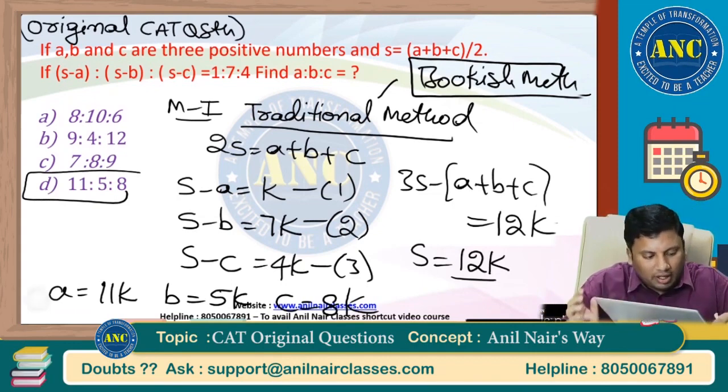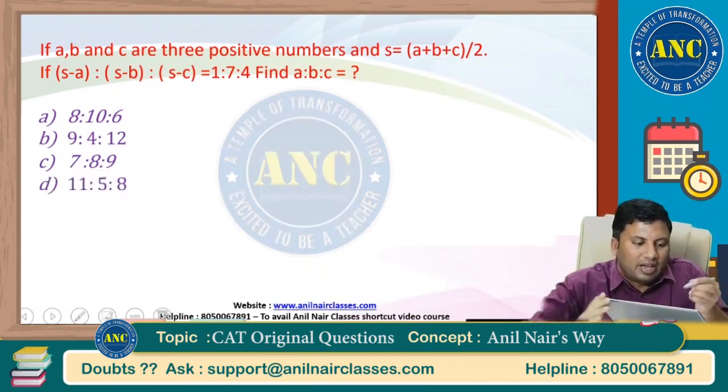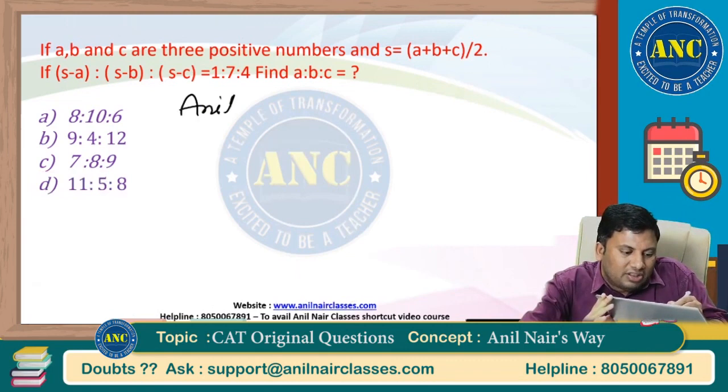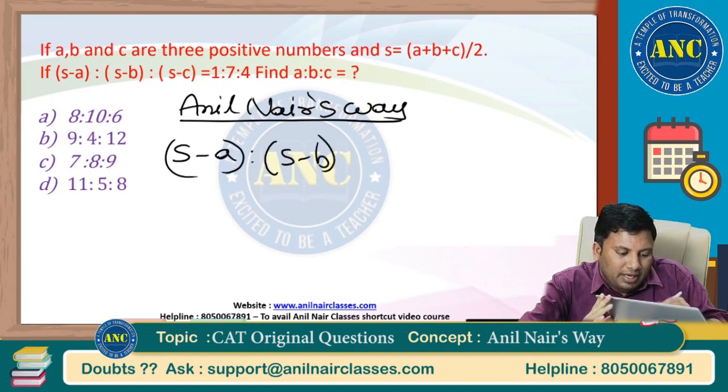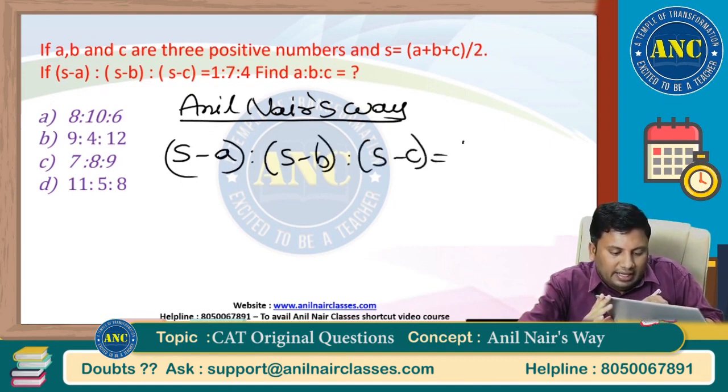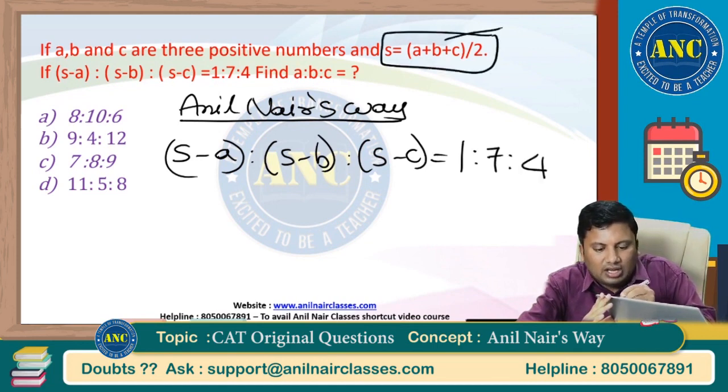This is method 1. Method 2, Anil Nair's way of solving. When this was given in the CAT paper, this is how I solved it. S minus a, S minus b, S minus c is in the ratio 1:7:4. S is constant.